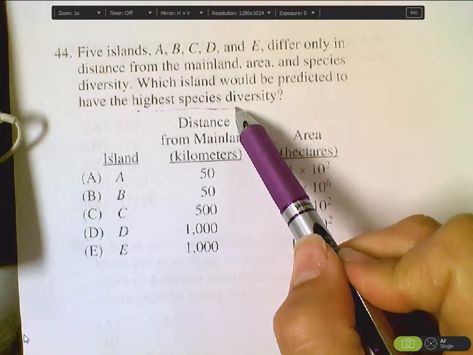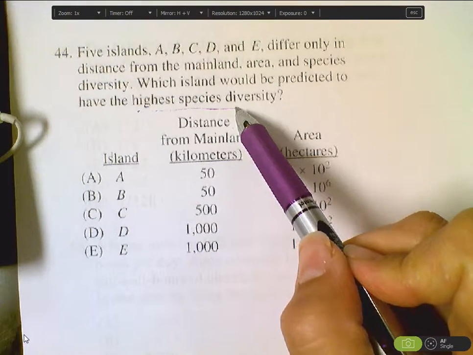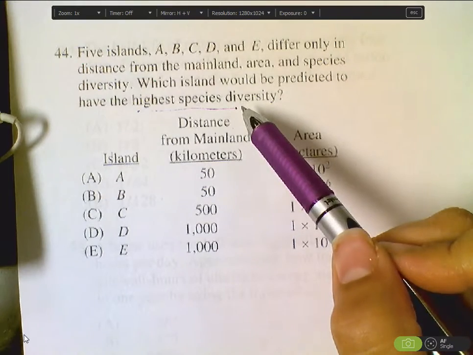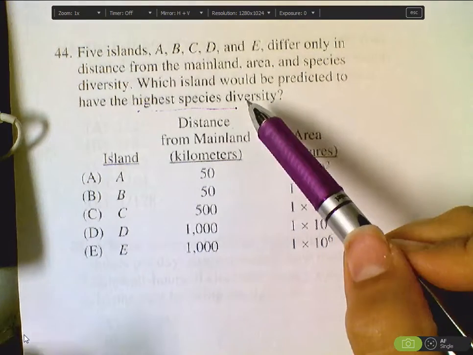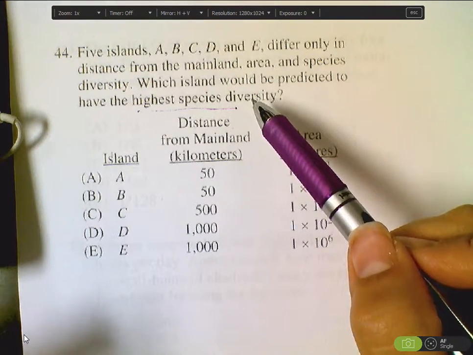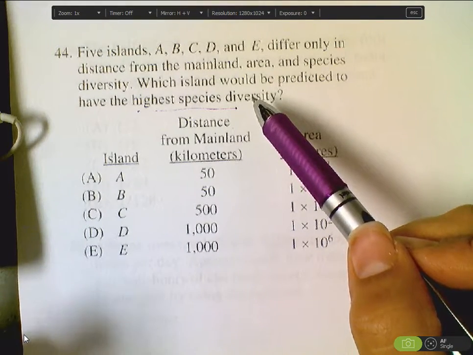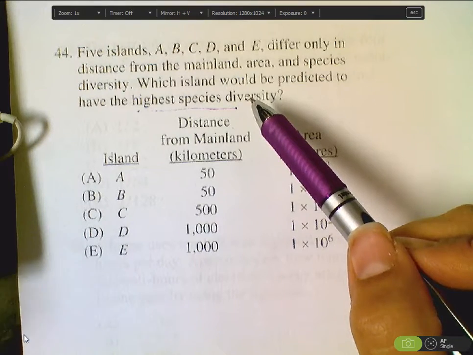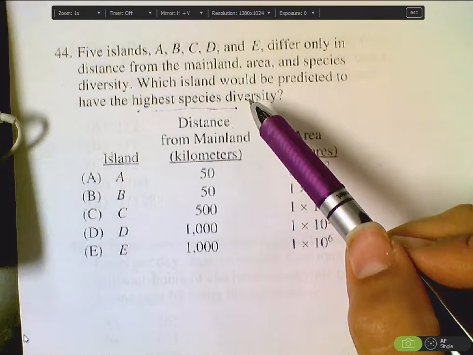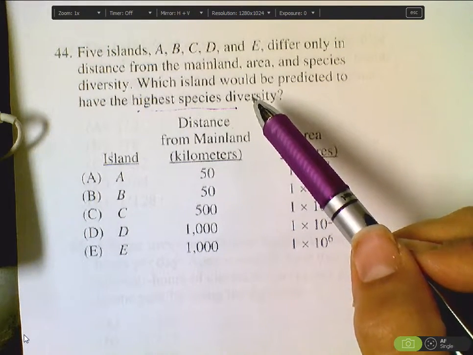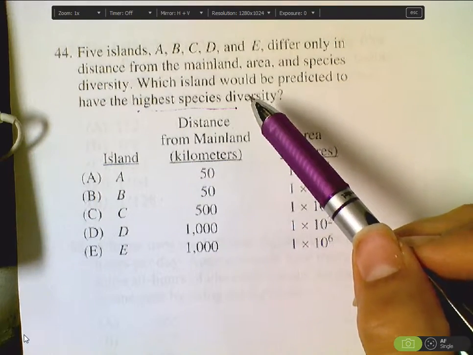Well, the theory of island biogeography says that the island that is the largest and closest to the mainland should have the most biodiversity because you have a lot more opportunity for immigration and emigration. And if something were extinct, it's okay because another bird could fly over, because it's not an isolated small island far, far, far away. So we know that the closest and the biggest.